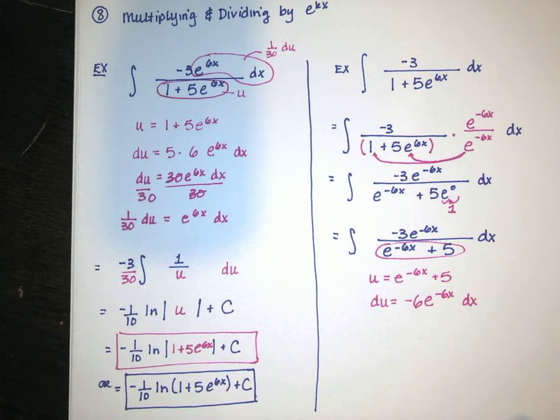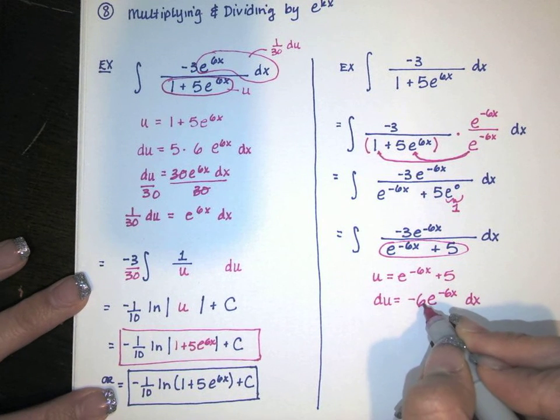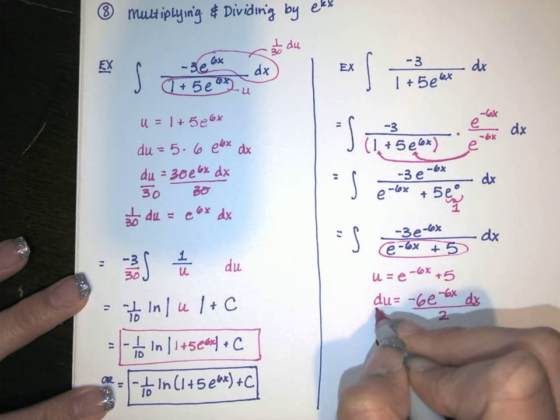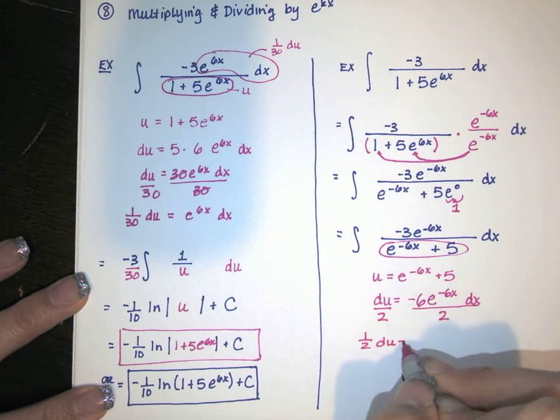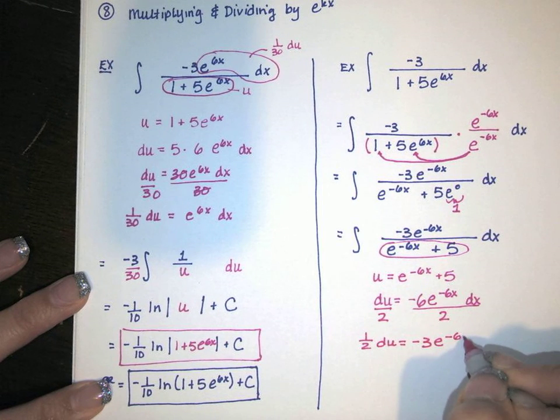I'm going to try it the other way for this one, just to show you that you can do it either way and you're going to get an equivalent answer. So I want this to be a negative 3. I've got a negative 6, so I'm going to divide both sides by 2. And I end up with 1/2 du equals negative 3 e to the negative 6x dx.